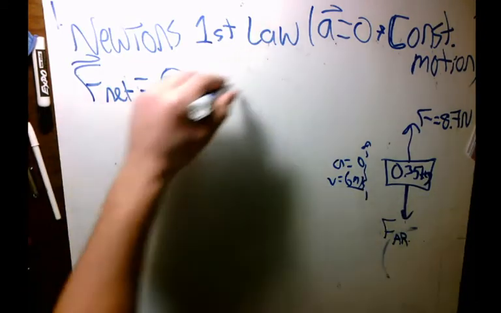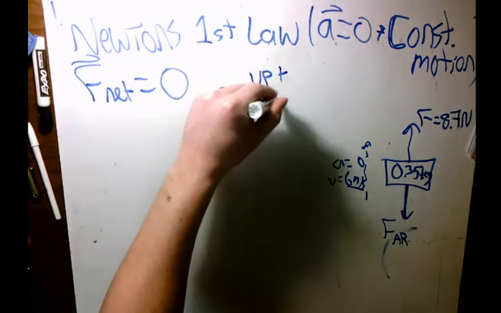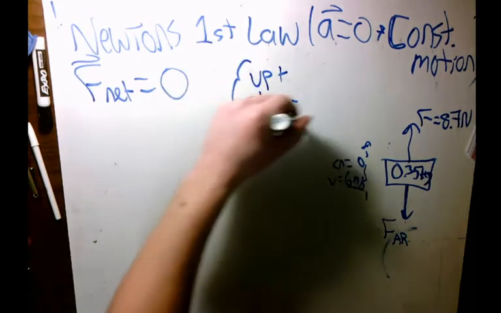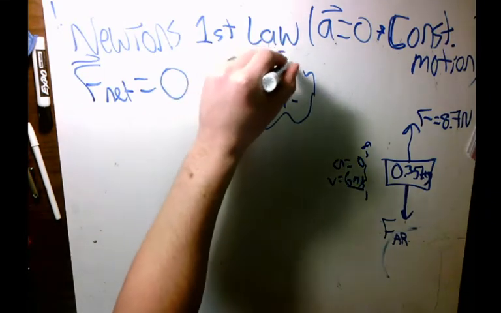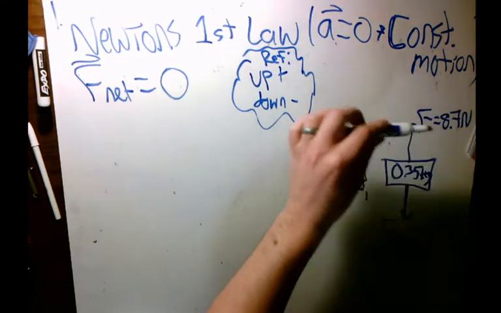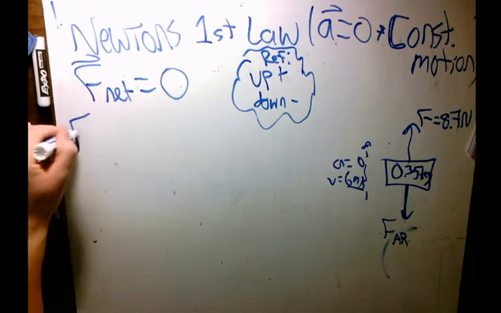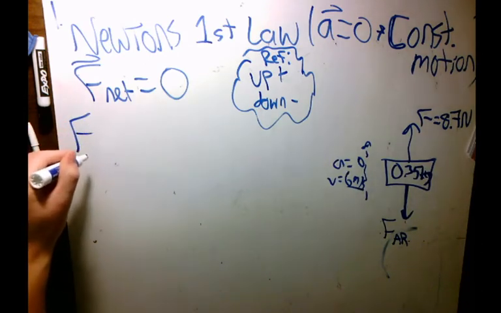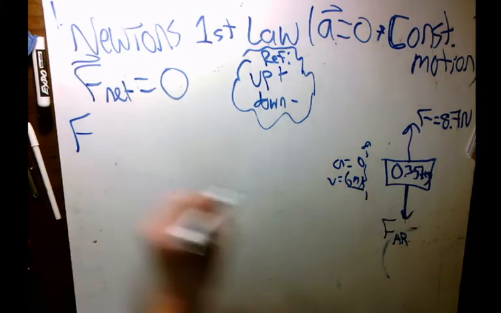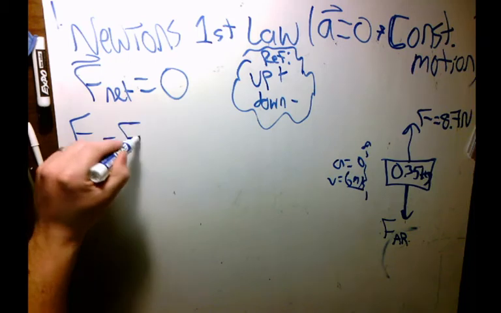So we're going to have to use our reference system. Up is positive, down is negative. So our net force can be broken up into the force of the pull and the force of air resistance. So we have, I'll just call it F, and we have going down, so it's negative, the force of the air resistance.